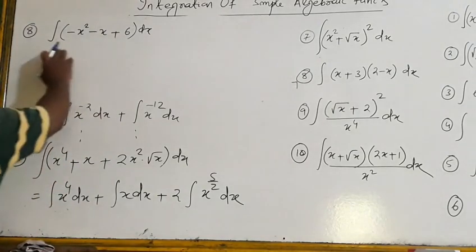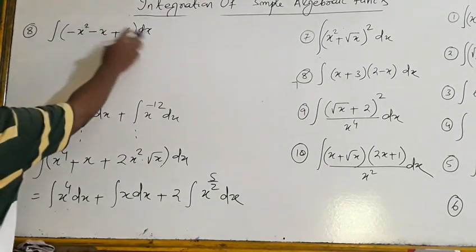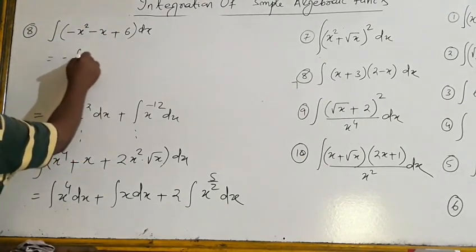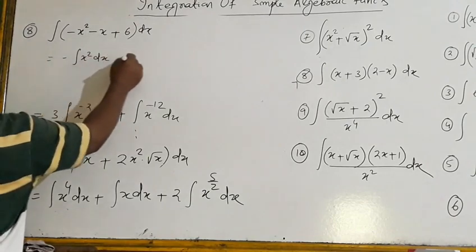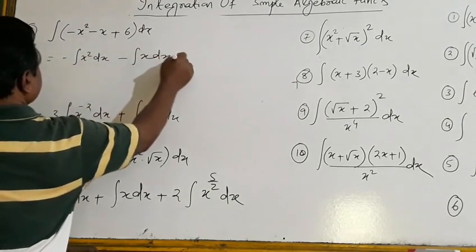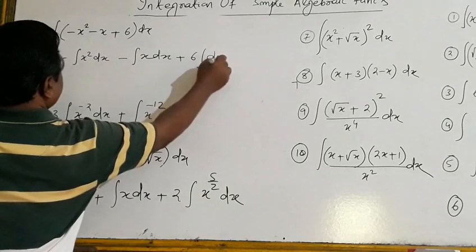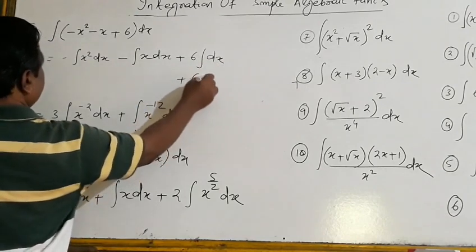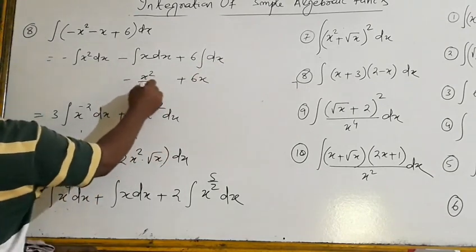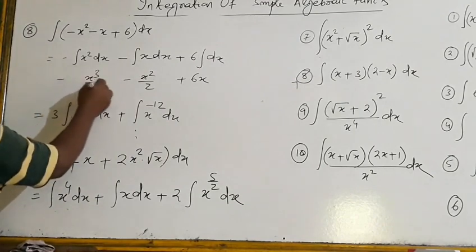Then you will integrate it, (−x² − x + 6) dx. It will become minus x² dx minus x dx. 6 will go outside, the integration of dx. x minus x² by 2 minus x³ by 3.